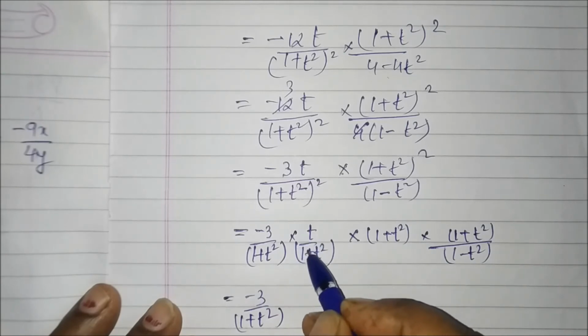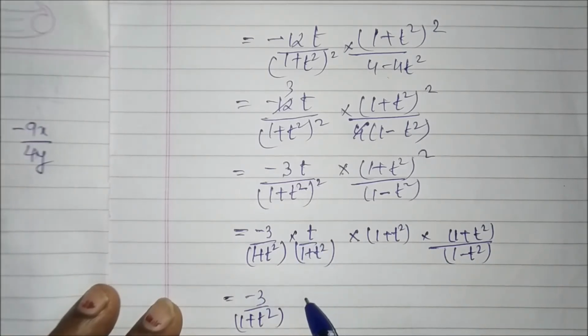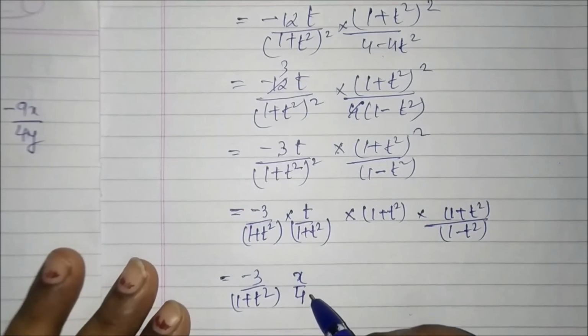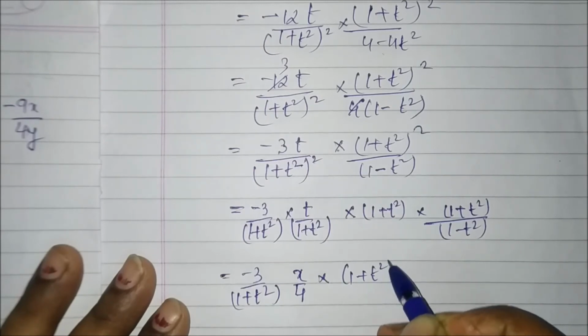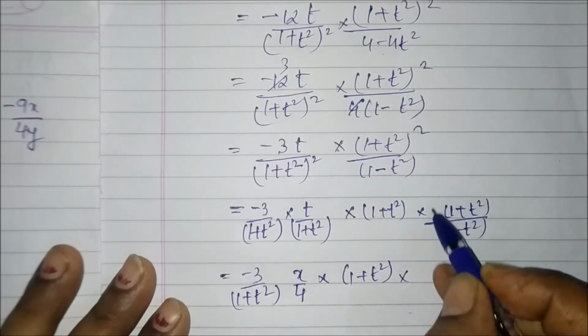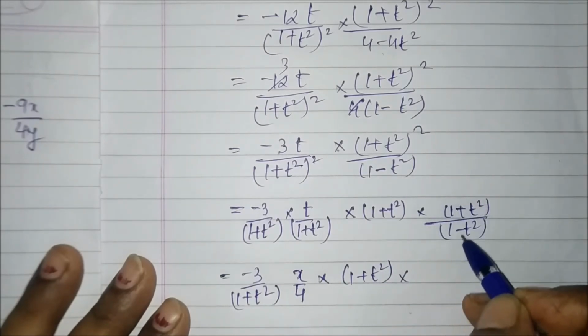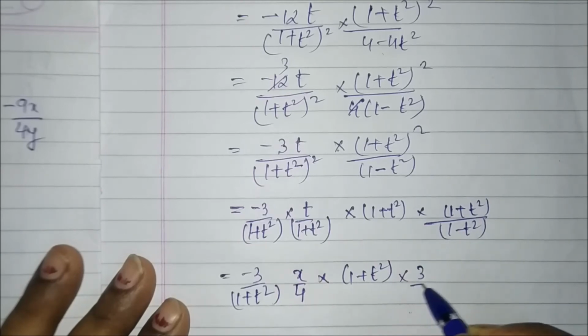Now from the question, this t upon 1 plus t square is written as x by 4. See from the question, 1 plus t square upon 1 minus t square is written as 3 by y.